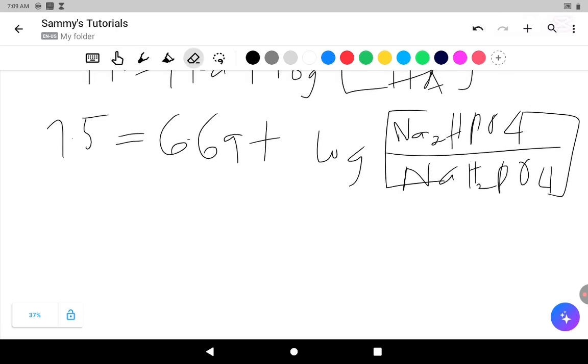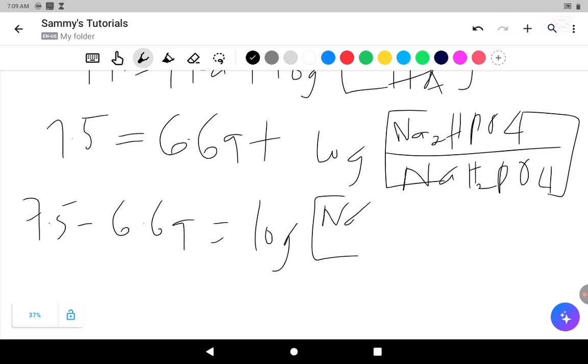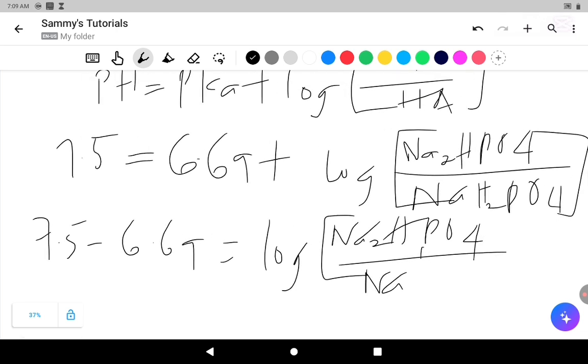So when you want to make the log the subject of the formula, you do 7.5 minus 6.69 equals log of Na2HPO4 all over NaH2PO4.